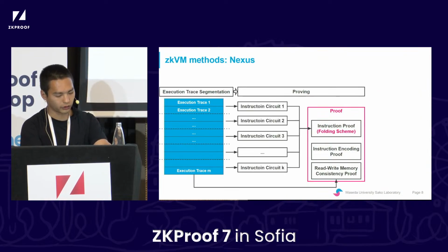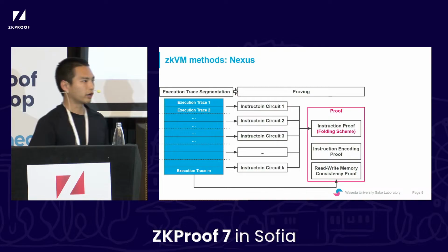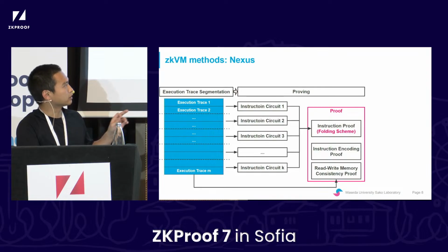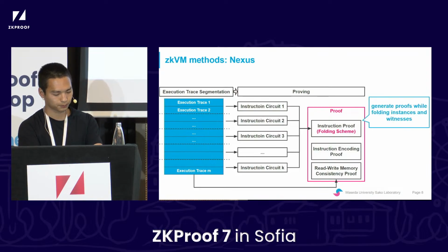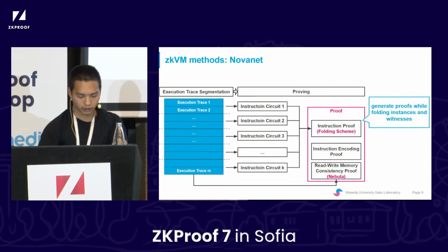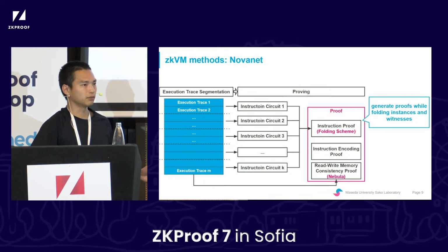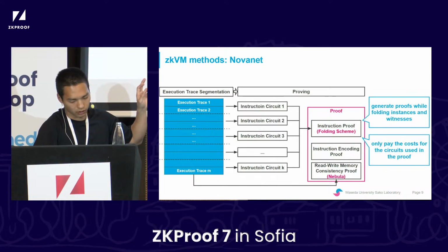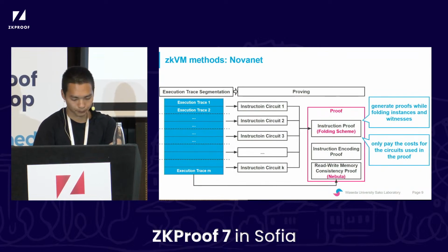And Nexus currently uses Stwo, a Circle STARK-based system produced by StarkWare, but originally adopts Nova-based folding schemes. And NovaNet uses both the folding scheme and Nebula, which provides an efficient memory checking argument, and SuperNova technology.